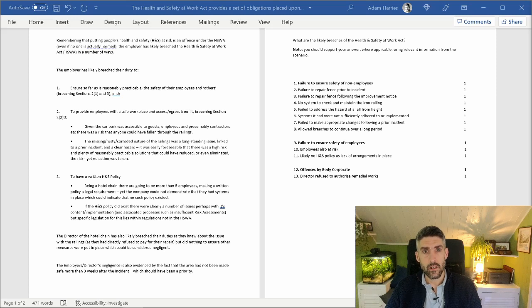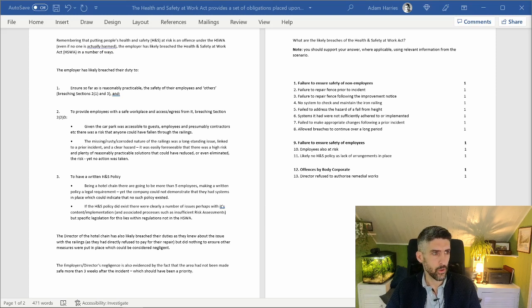It doesn't really matter whether it's under section 1 or section 2 or section 3. I'll award points as an examiner as long as the reason for the breach, the supporting information, is there. In order for me to be able to award a mark, I have to know which of those 13 items on the mark scheme I'm awarding the mark against.